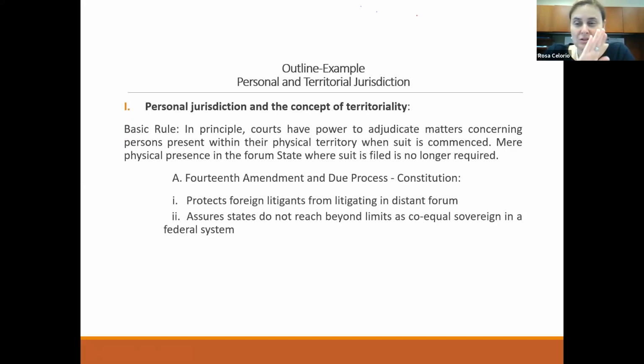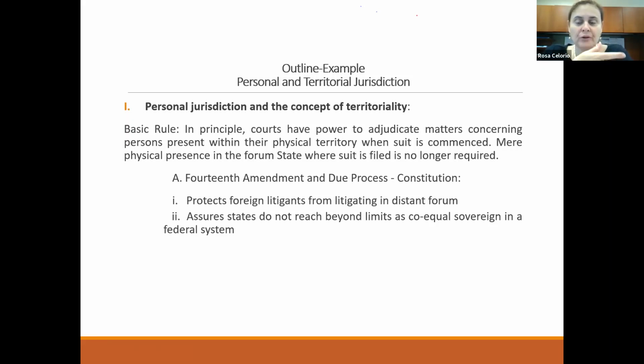So a few things. Remember that this is all based on the Asahi case, right? And remember that this is a matter related to personal and territorial jurisdiction. I'm giving you some components of what I think there was a question earlier, which I thought was great, about where do these rules originate?